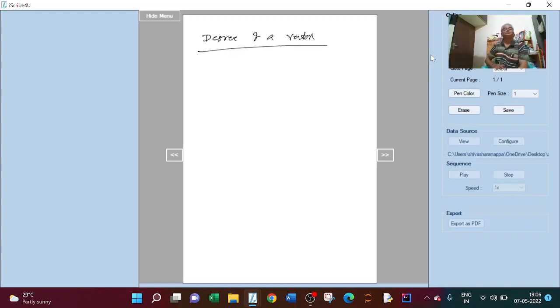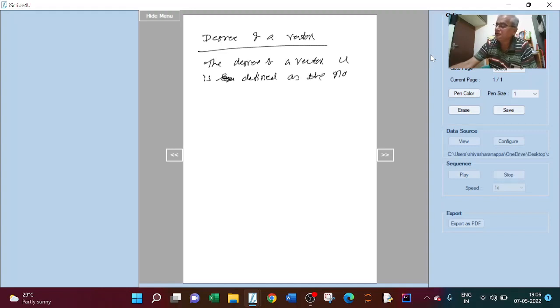How do we define the degree of a vertex? The degree of a vertex, say U, is defined as the number of edges incident with U. Okay, I will go to an example.